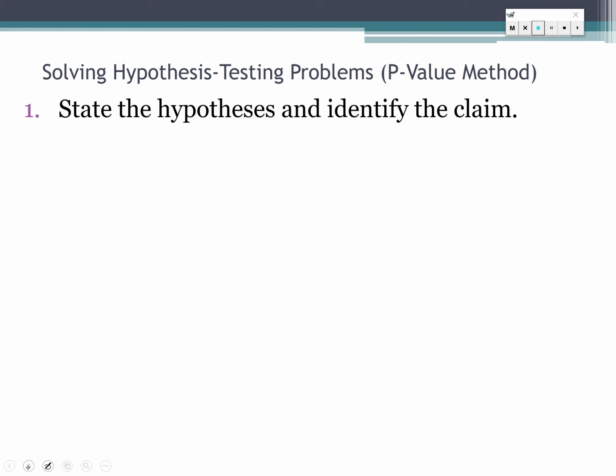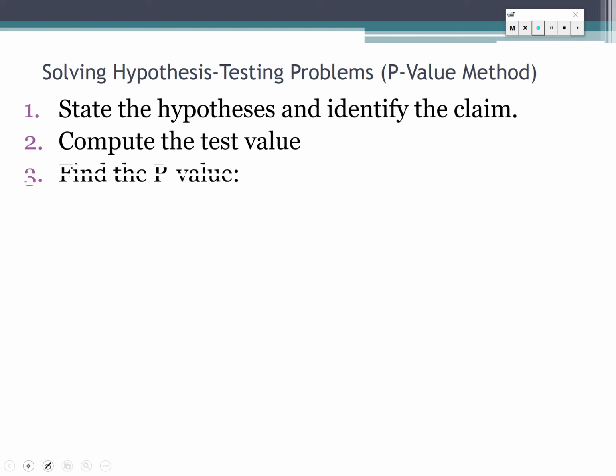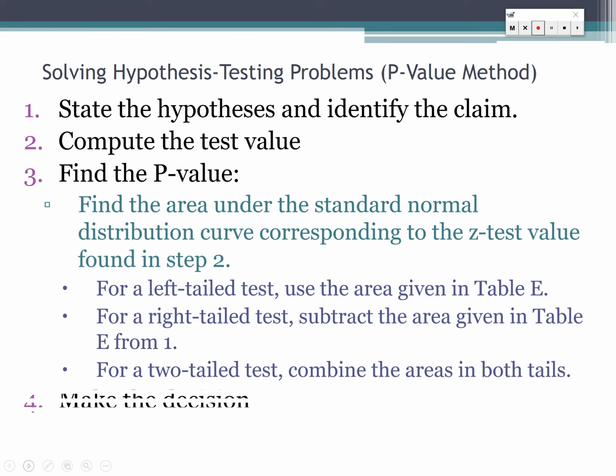Now, when you solve, the steps are just a little different. You state the hypotheses, you identify the claim. Step 2, however, you don't find critical values when you find p-value. You find the test value, formula is the same.